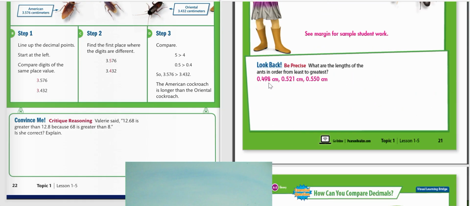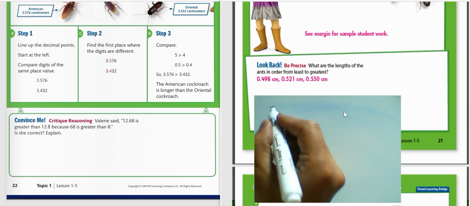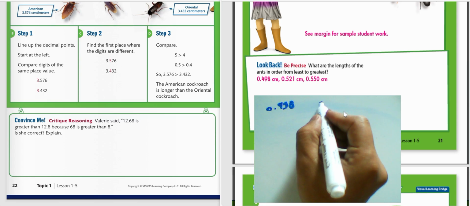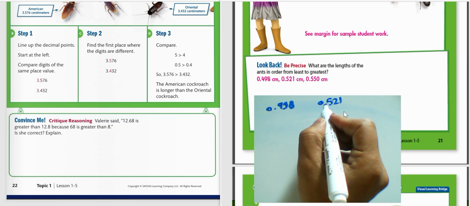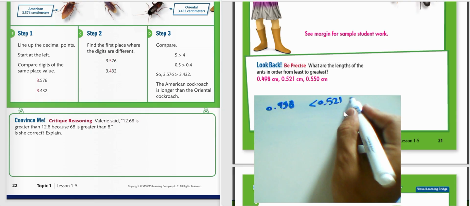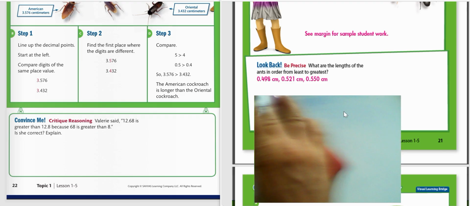He asked about which number is greatest. You can compare between the lengths. This number 4.98 and 5.21. It's less than, and this number is less than 0.5.